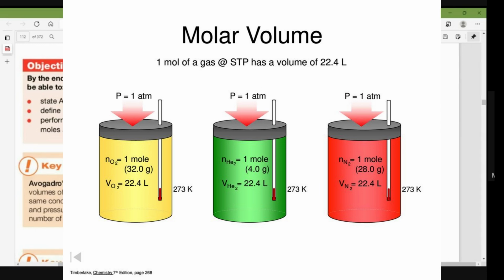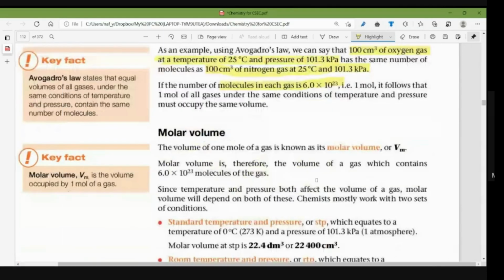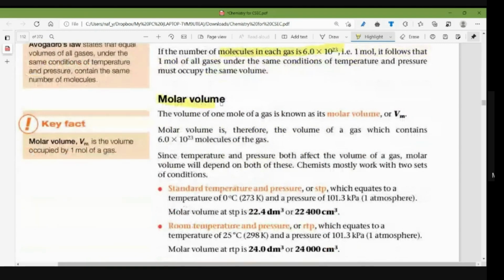They used that concept and came up with what is known as molar volume. What's the molar volume? It's simple. The molar volume is the volume of 1 mole of gas.